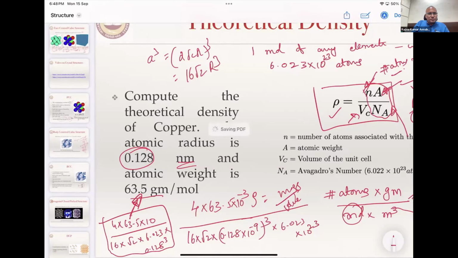What is the volume? 2 root 2 r, isn't it? Yes, that is the a. Correct?